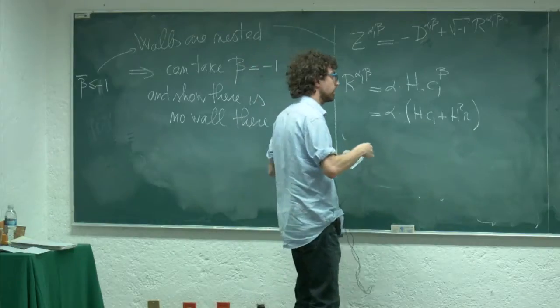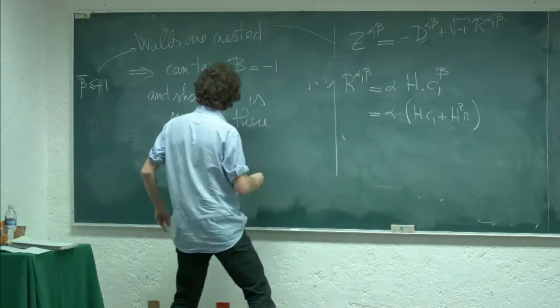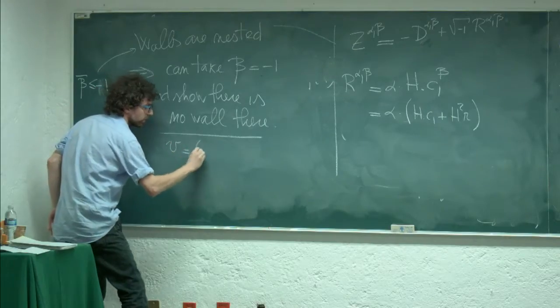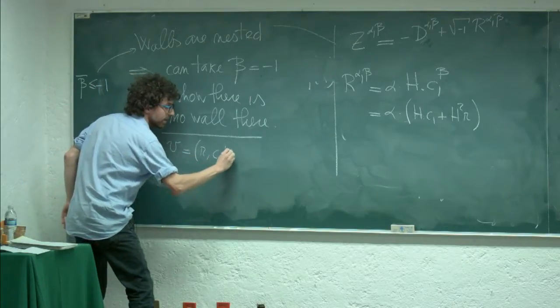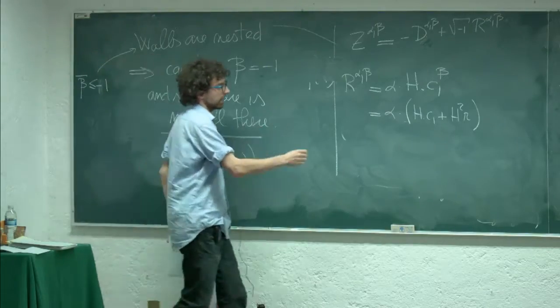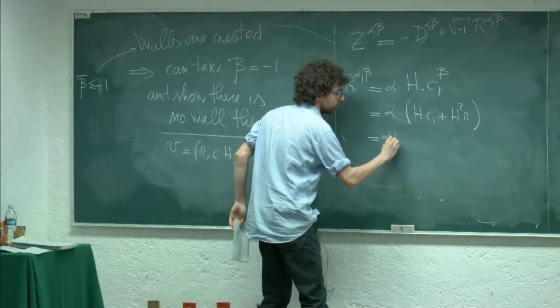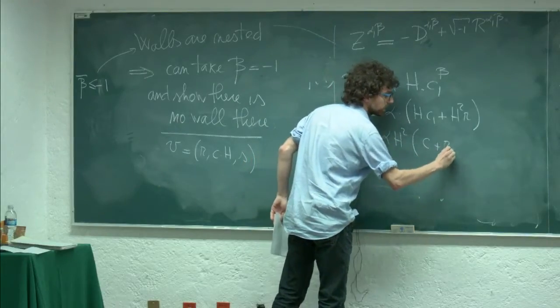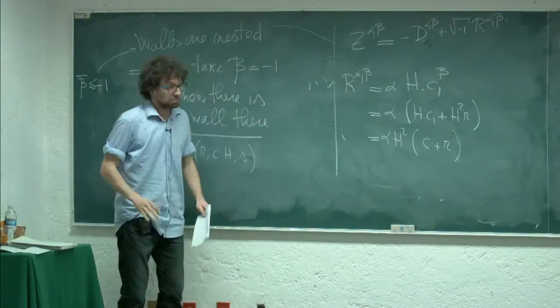And now there is a following thing. So I'm assuming that the Picard is 1. So I can write my vector, any vector, as rank r, c times h and some third-chain class s. And so this guy, what it is nothing but alpha h squared, which is d, times c plus r. Okay. Now what is the trick?